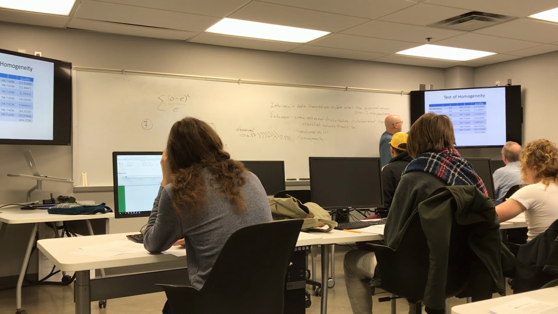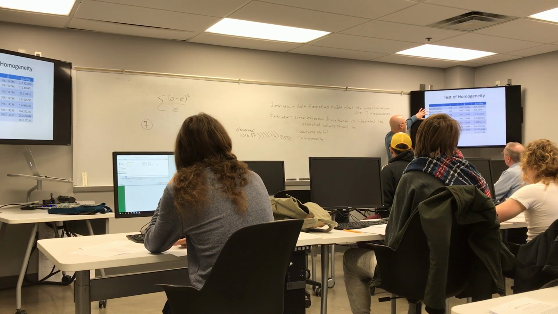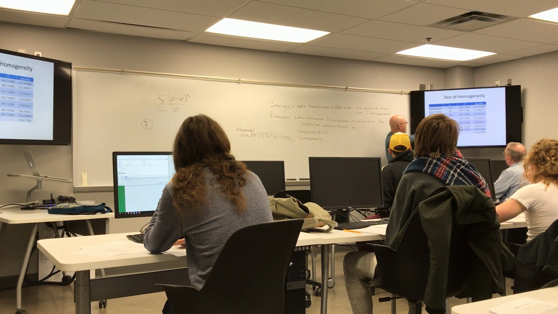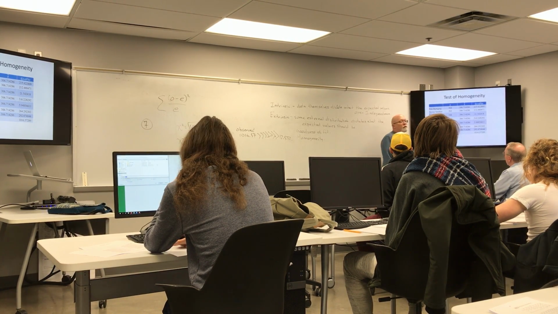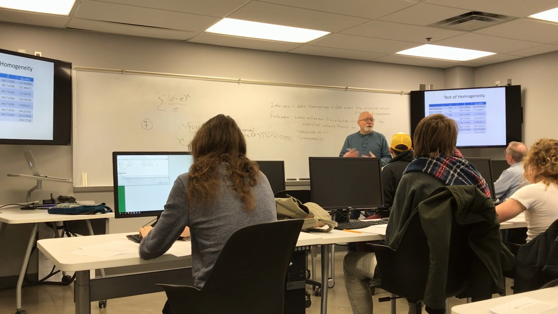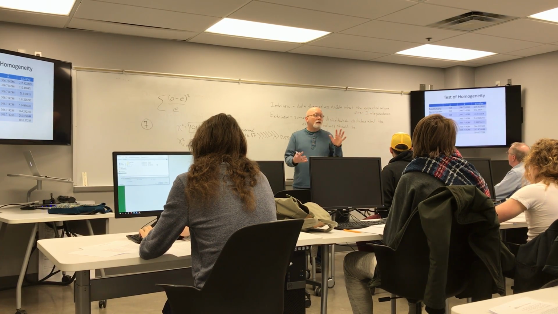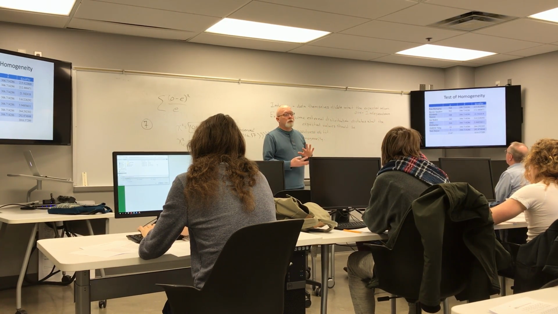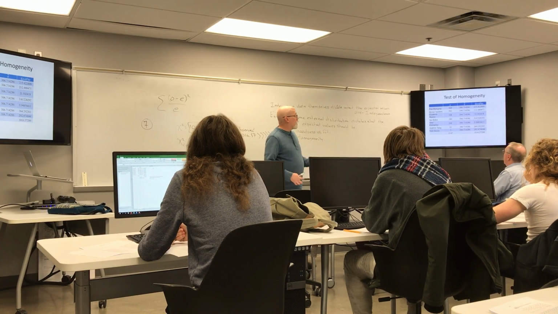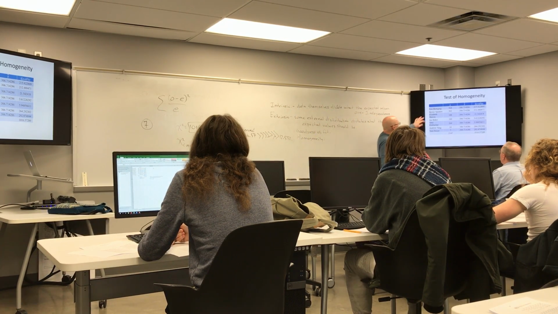You could also divide it up and put Buttigieg, Sanders, Warren, Biden, and Klobuchar in here and exclude these guys, and what you're going to find is that the overall chi-square test is still going to be significant, but the magnitude of the chi-square value is going to be much smaller because you've removed this big difference.